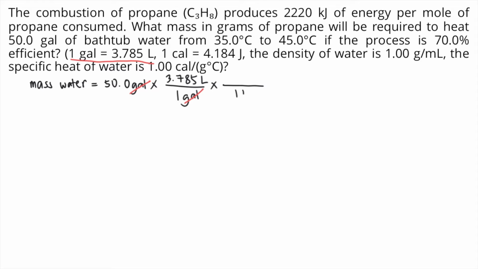So we know that 1 liter is equivalent to 1,000 ml. So liters cancel out. And finally, we are given the density of water, which is 1 gram per ml. So that means for every 1 ml of water, that's equivalent to 1 gram of water. So the mLs would cancel out.